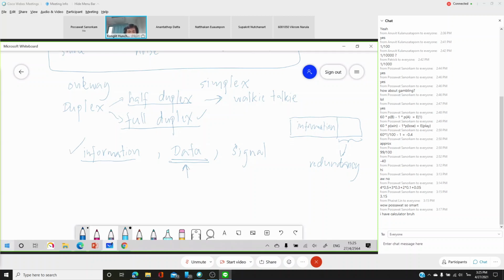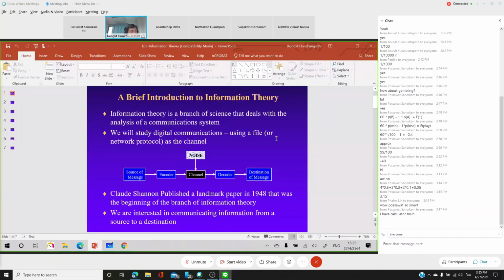I have posted this slide on the Google Classroom. We're going to take a look at a brief introduction to information theory.